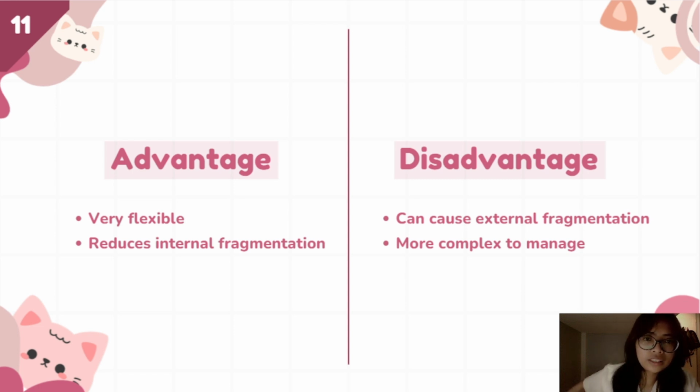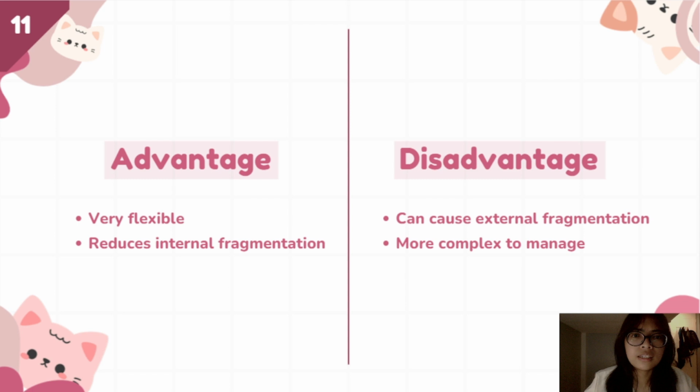The disadvantage of dynamic partitioning is that it can create external fragmentation, leaving holes or empty spaces everywhere in the memory. It is also more complex to manage because the system will work hard and search for where each process can fit.